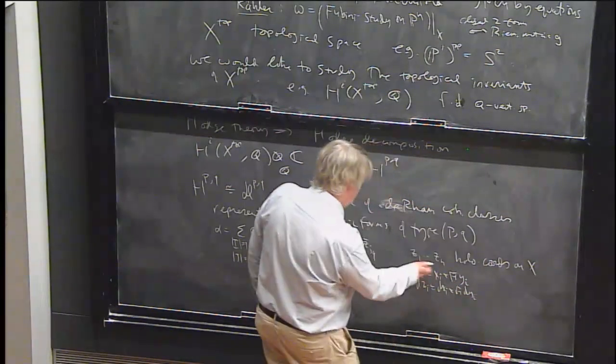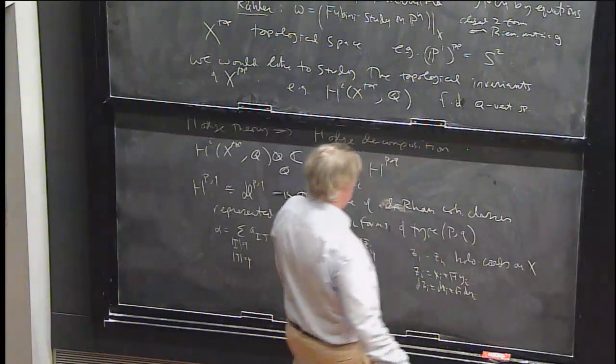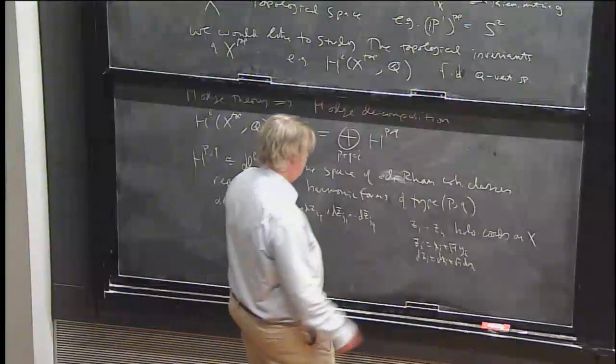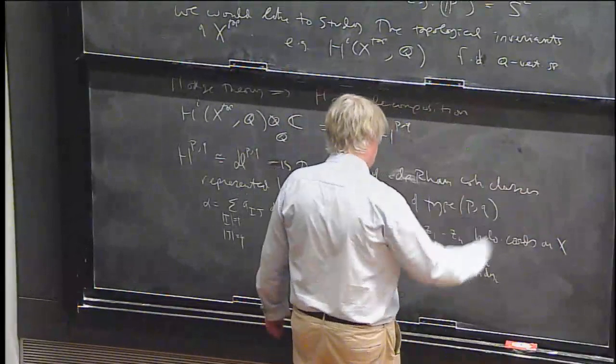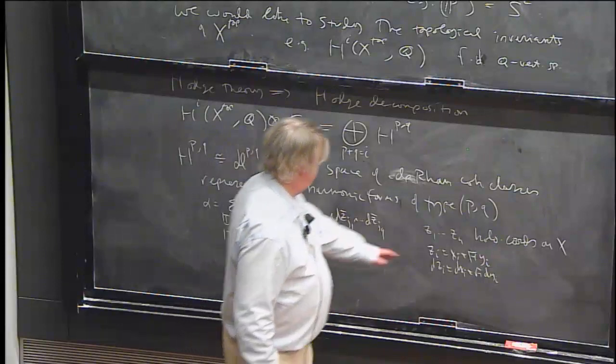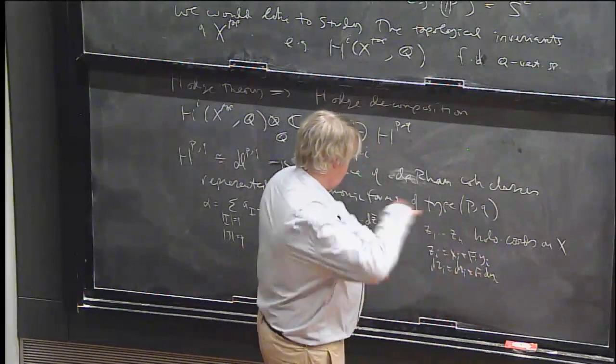If you write your holomorphic function as a sum of two real functions, x plus iy, where i is the square root of minus 1, then dz is just this, and dz bar is the complex conjugate.